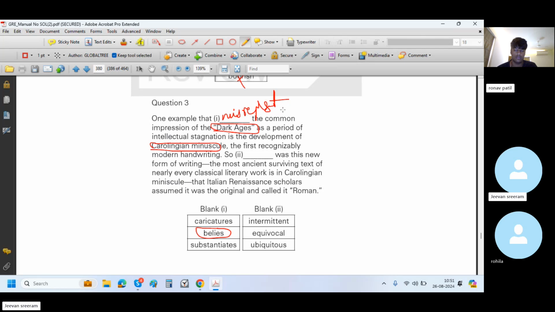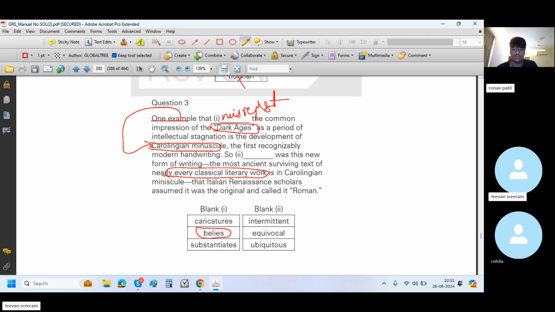That misrepresents the common impression of the Dark Ages as a period of stagnation. The example is actually talking about Carolingian manuscript. There was a development. Modern handwriting was developed in the same period, which was known as the Dark Ages. So the dash was this new form of handwriting, the most ancient surviving text of nearly every classical literary work. It was used in every classical literary work, so it must be omnipresent.